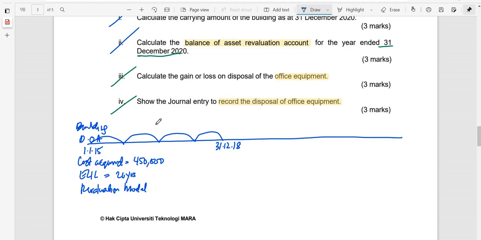So if the estimated useful life was 4 years here, the remaining useful life would be 20 minus 4, so it is 16 years on the date of your first revaluation. So the first revaluation is here, and you have the remaining useful life of 16 years.